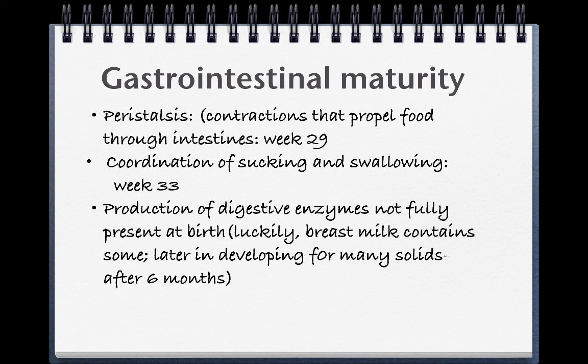The other issue related to gastrointestinal maturity that's quite important is that even at a normal birth, so at 38 to 42 weeks, the digestive enzymes that we need to help process food and extract the nutrients that our bodies need do not develop until a number of months after birth. Now, breast milk has, as one of its many benefits, some of the digestive enzymes that an infant will need.